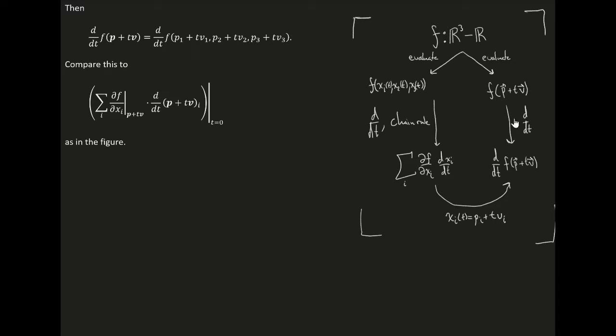But this direction doesn't really show you what's going on. Going this way is a little bit more explicit, and that's the manner in which we obtain this expression here. Then we simply take this expression and evaluate it at t equals 0, and that's the same as taking this expression, evaluating at 0.